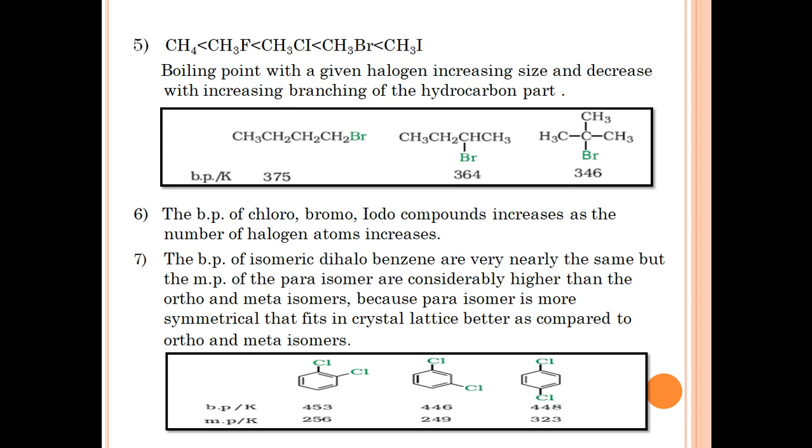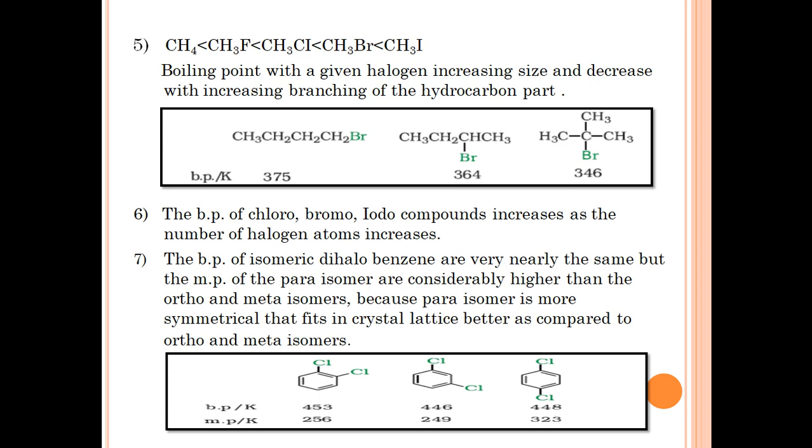If we observe the formula of these different halo derivatives of methane, methane has minimum molecular mass because one carbon and 4 hydrogens are there. Next, fluorine has very less mass in comparison to chlorine, chlorine has very less mass in comparison to bromine, and bromine has less mass in comparison to iodine.